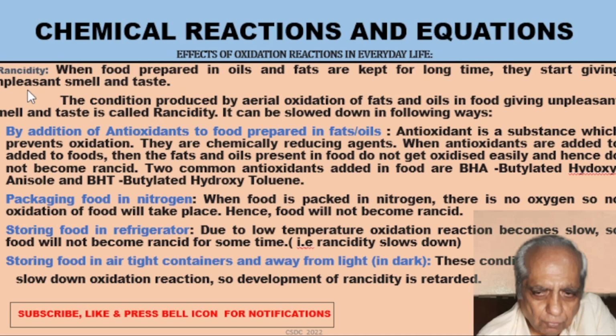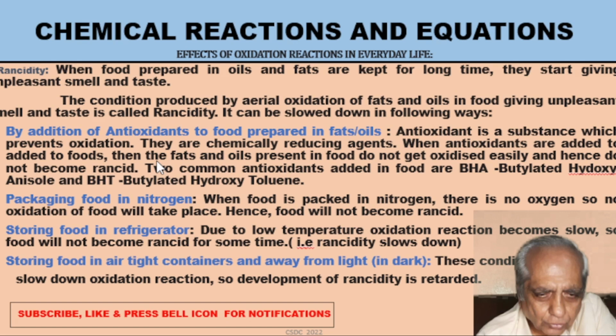You know already this method because your mother might be using it. By addition of antioxidant, then food will not get oxidized. The antioxidants normally used are BHA, butylated hydroxyanisole, and BHT, butylated hydroxytoluene. When they are added to fats and oils, then food will not get oxidized and these substances will get oxidized. Is it okay?